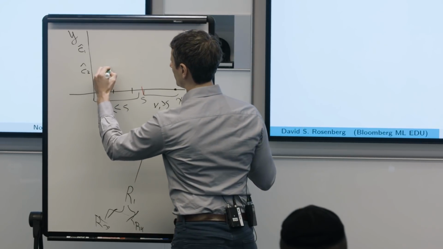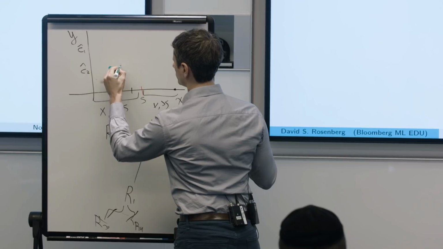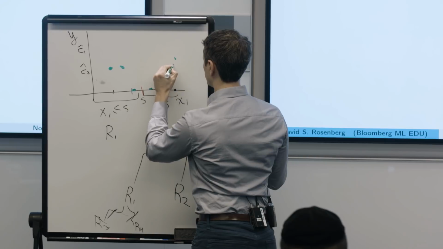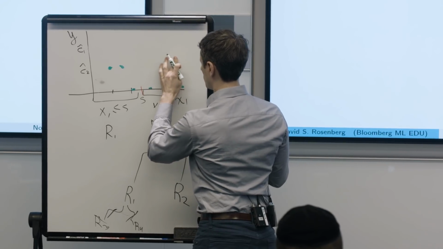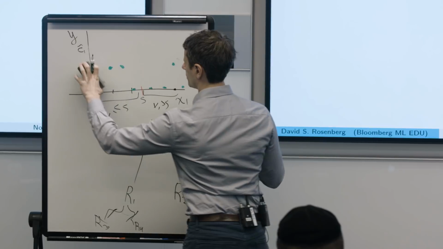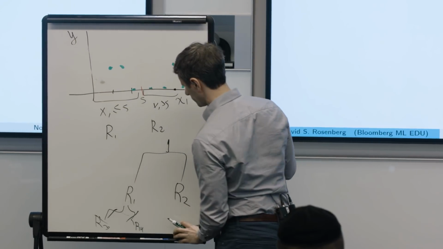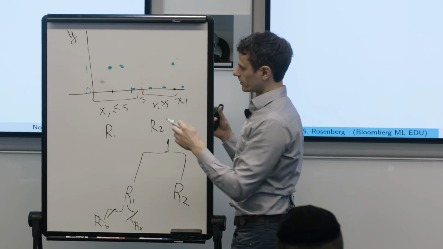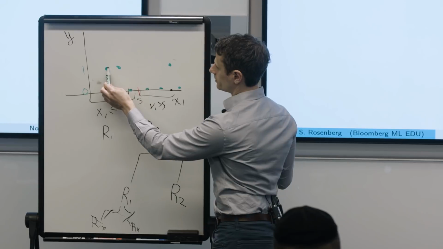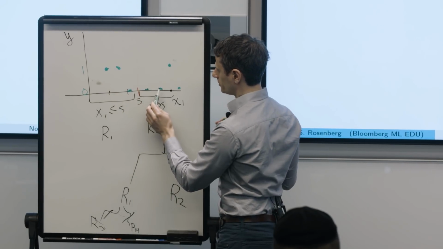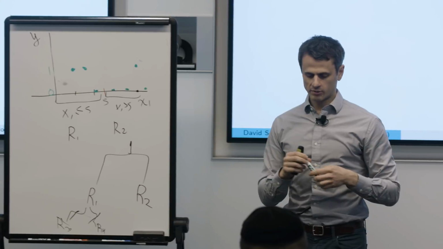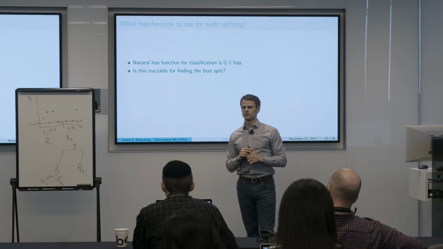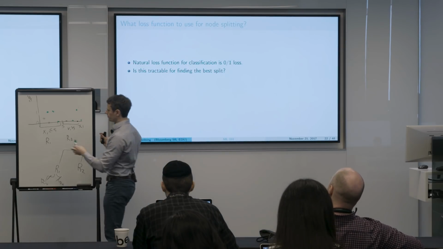Okay, so here's one feature, x1. And these indicate class 1, and these indicate class 0. So do you think we could use 0-1 loss to decide our split? Yeah, seems fine. Just as we did before, you slide over.